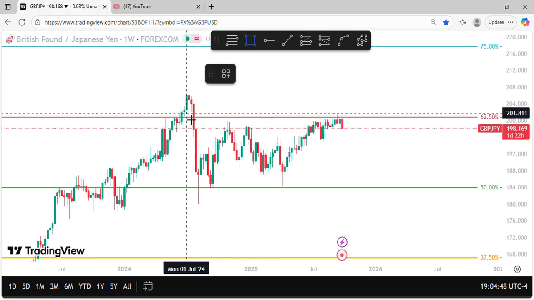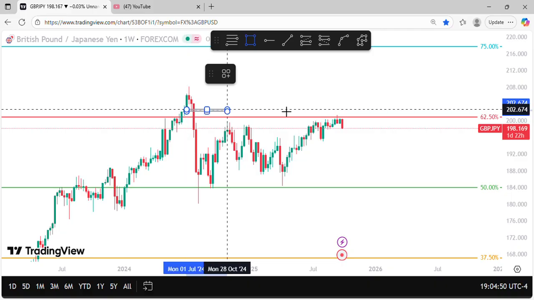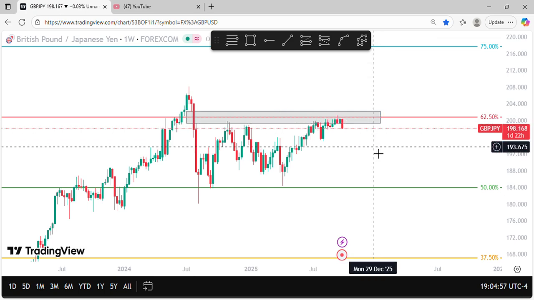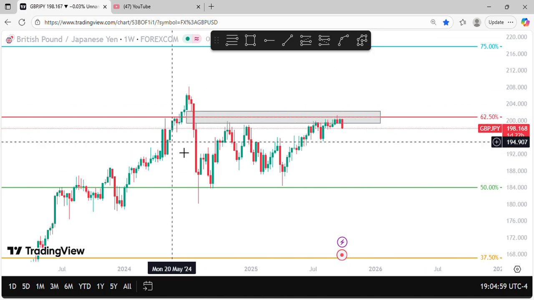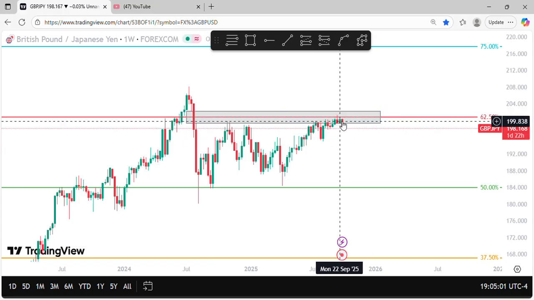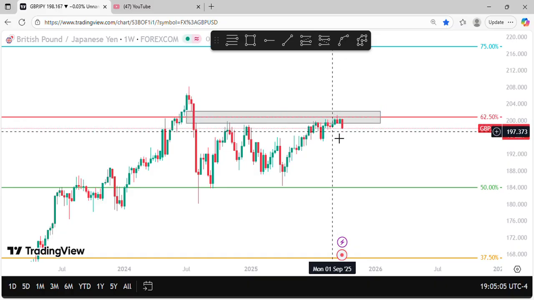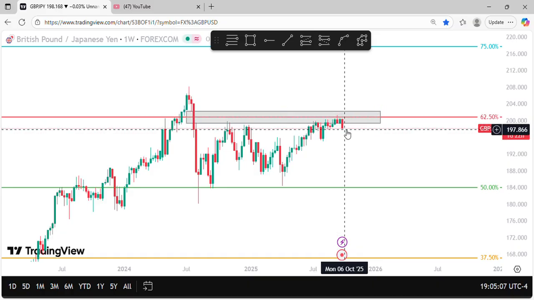Okay, and then when price got here, the only thing I was thinking is that we are going to see some sales right here. And look at exactly where we had that reaction, exactly on the 62.5, and then price started retracing.